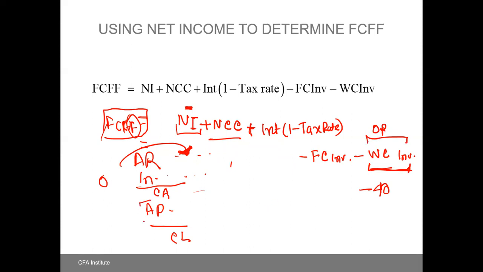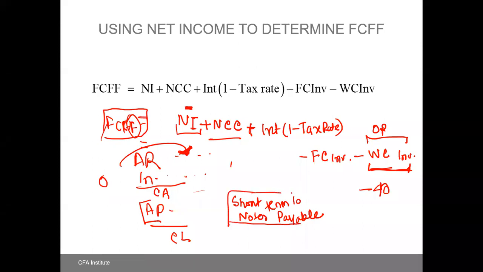So in the current liabilities part, by definition, we think of the short-term loan, notes payable as a part of current liabilities. But we do not include this short-term loan, notes payable in the estimation for current liabilities.